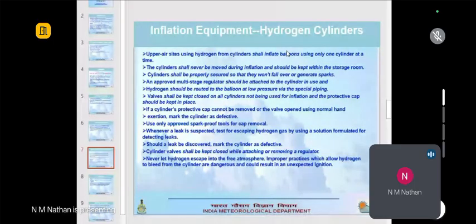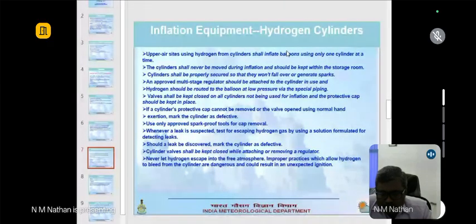Suppose you have filled one balloon and you notice that there is a gas leakage in the balloon. What do you have to do? You have to release that balloon without attaching the sardine. So let it go. Instead of that, if you release the gas from the balloon in the station itself, or outside or inside the storage area, that will be harmful.